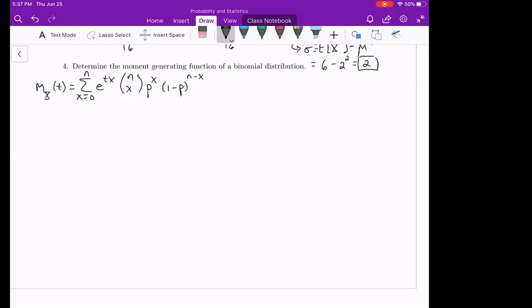My first instinct is to make use of the initial trick that we had done where we viewed e to the tx as e to the t to the x power, and then combine that with the p term. To get here.